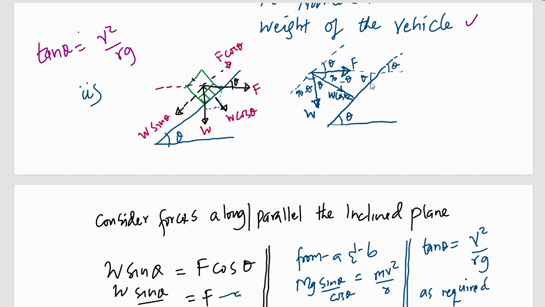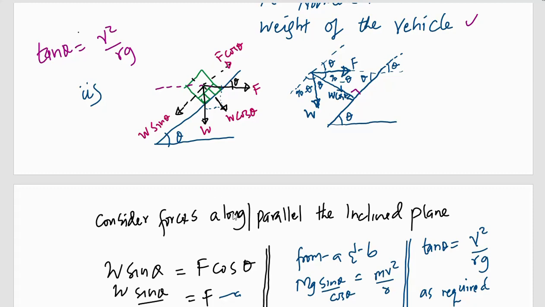Now if I expand more, I have theta here, I have theta here, I can create theta here. Then remember this is 90, of course. Now the angle remaining here is 90 minus theta. This becomes theta also. This becomes 90 minus theta. This is theta.